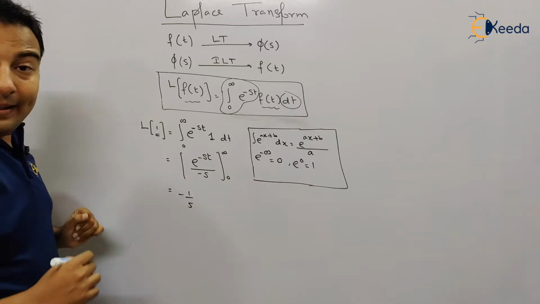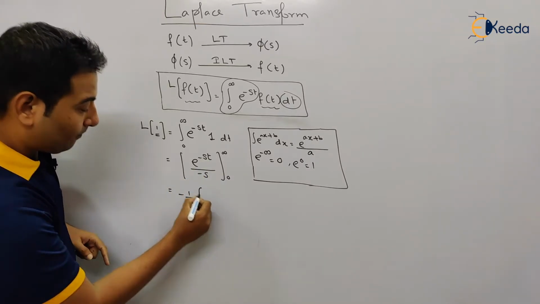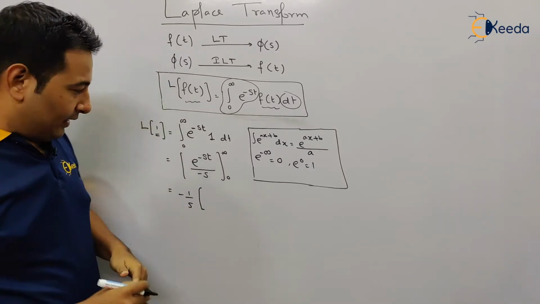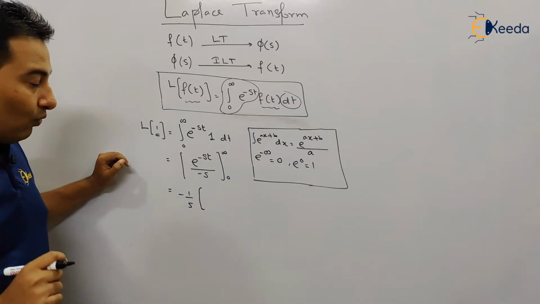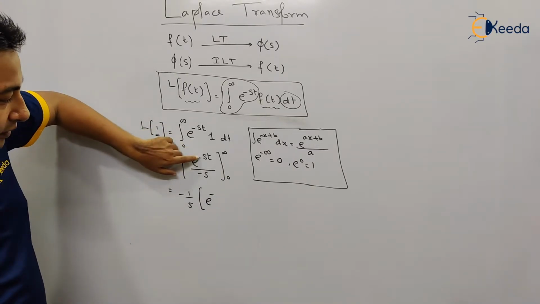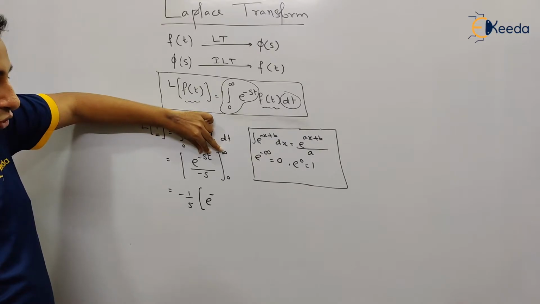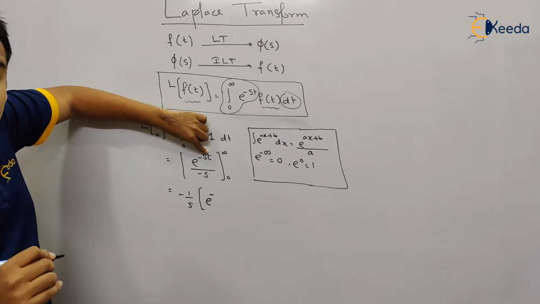So let's move on. Here this minus 1 upon s is a constant that will come out. Let us put the limits, upper limit minus lower limit. If you put the upper limit infinity in t, what's going to happen? The e raised to minus will remain as it is, and in place of t in this st I am going to substitute infinity.